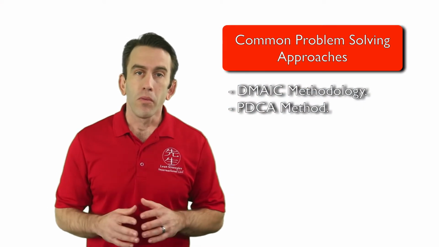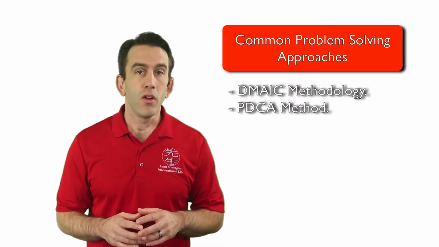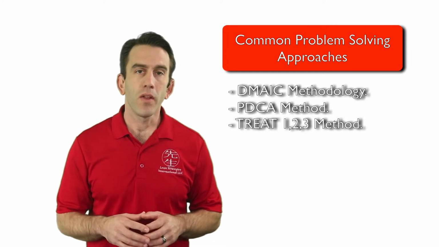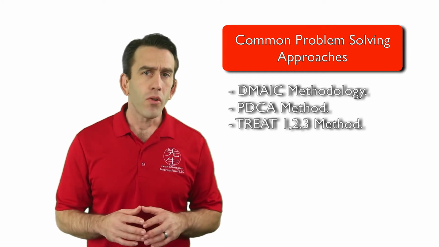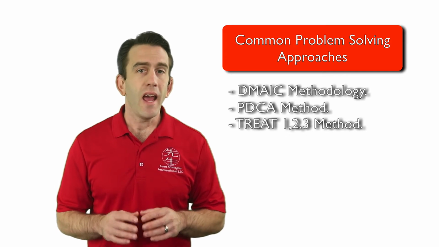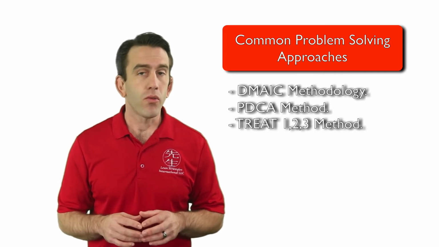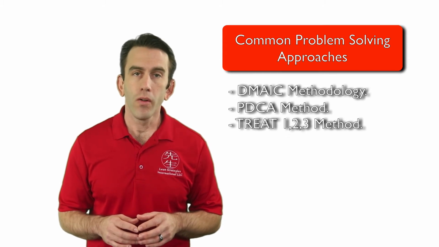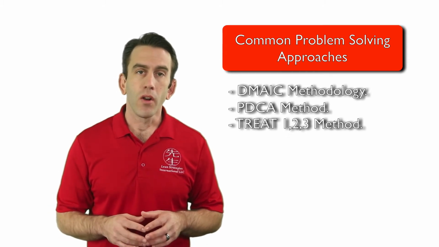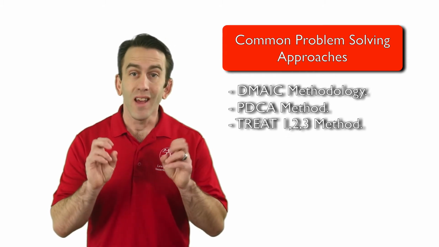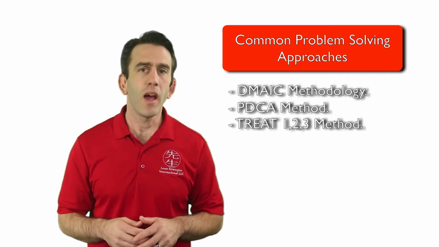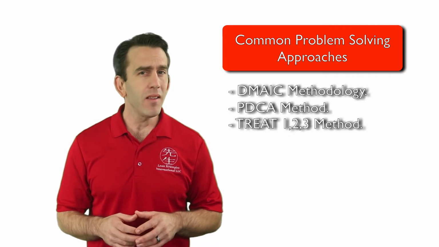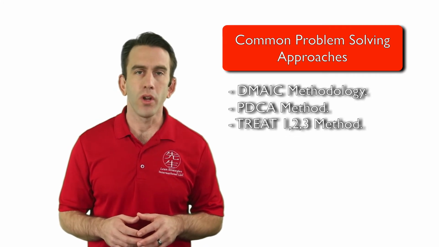The next problem-solving approach that has been used quite effectively is our Treat 1, 2, 3 methodology. This universal methodology can be used at any level of a value stream and provides a simple method for the user to follow. The Treat 1, 2, 3 methodology reveals sickness in processes and helps users discover the actual problem and the best possible solution.